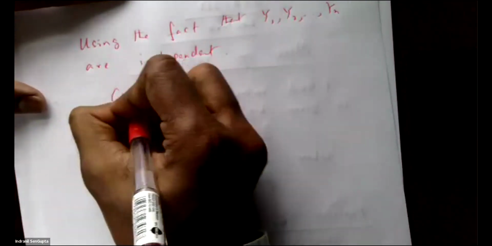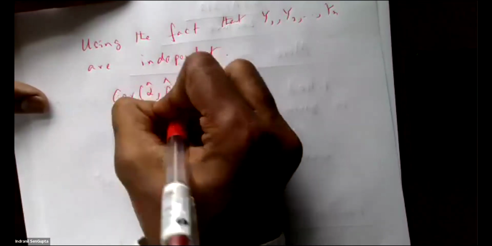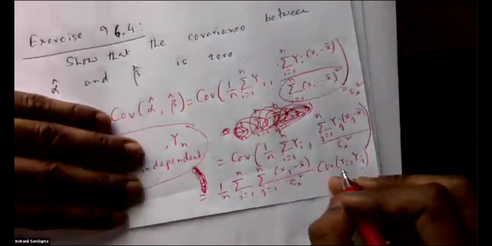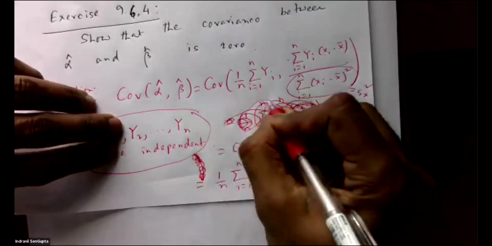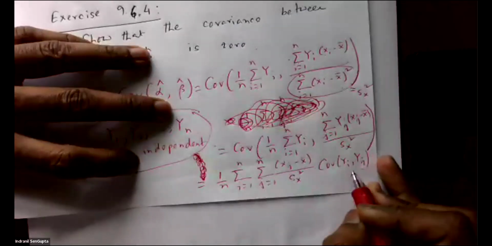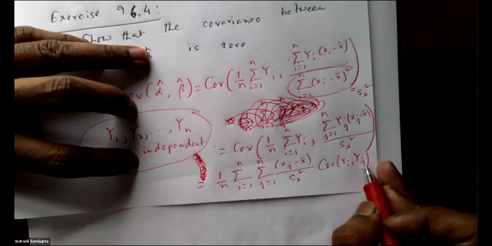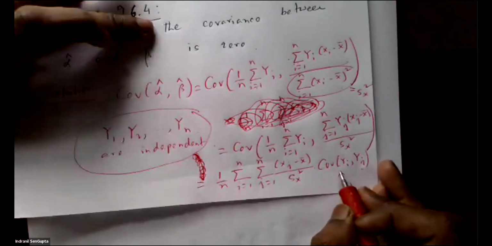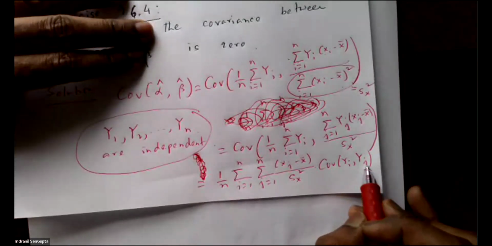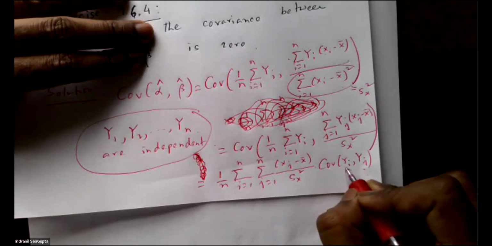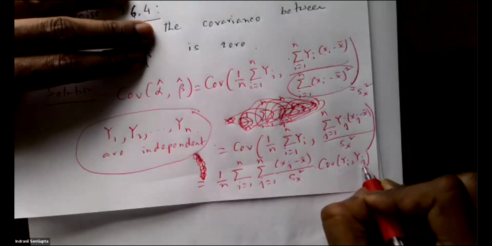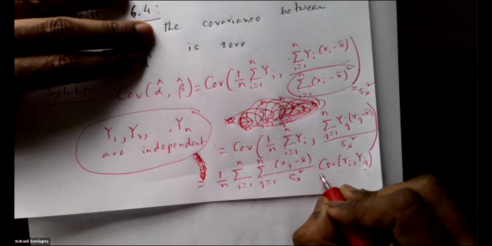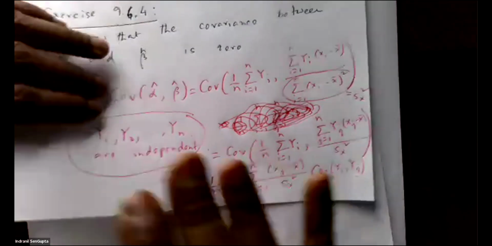We have now the covariance of alpha hat, beta hat. So this double summation just transforms to one summation, because suppose it's y1 and y2, that covariance would be 0 because they're independent. And similarly, if the indices are different, then that will be 0. So the only terms that will survive are, say, y1, y1.